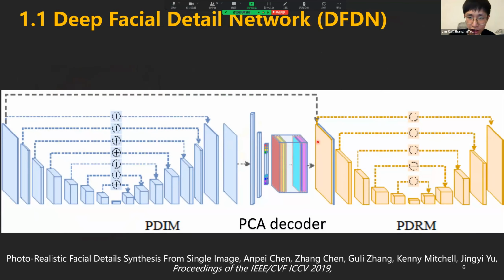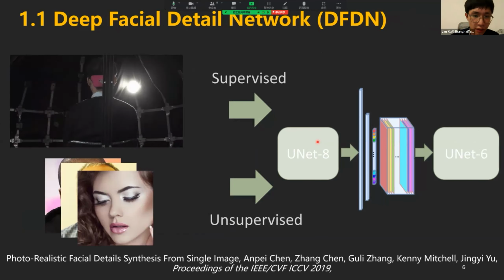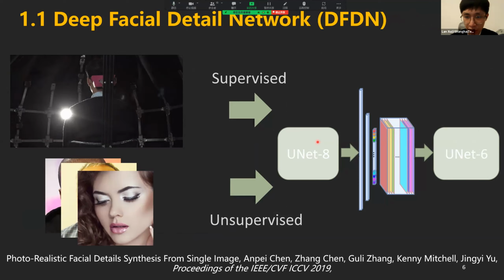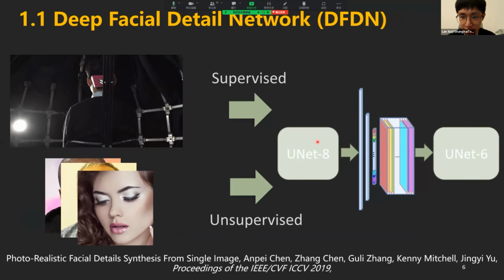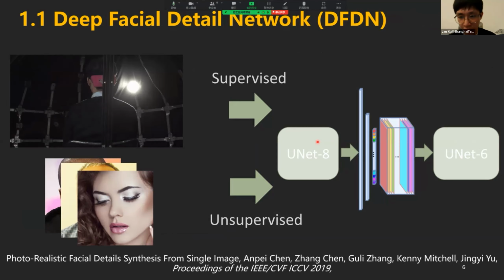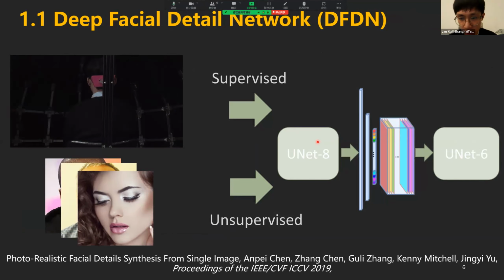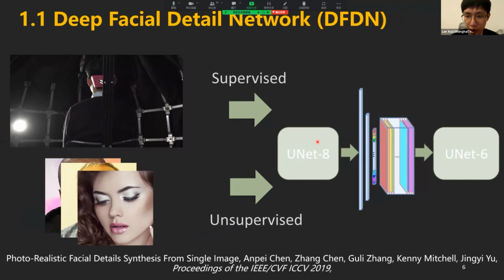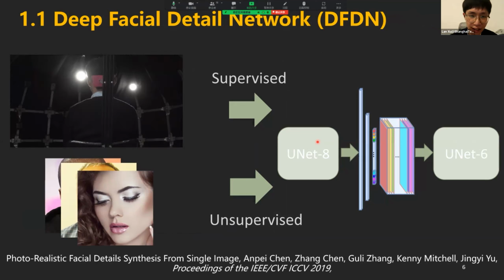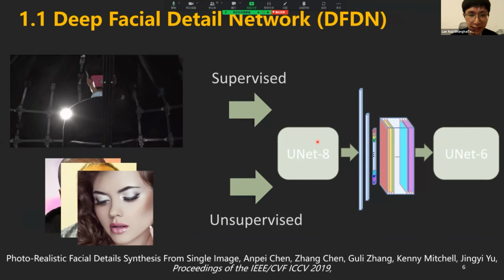This is a paper from ICCV several years ago. Based on the data that we capture using the photometric stereo, we developed a network called the deep facial detail network. It contains two cascaded UNet modules, one for facial detail inference and one for facial detail refinement, and these two modules work in cascade.